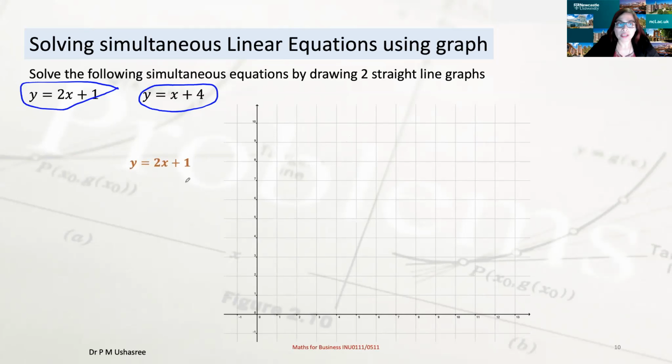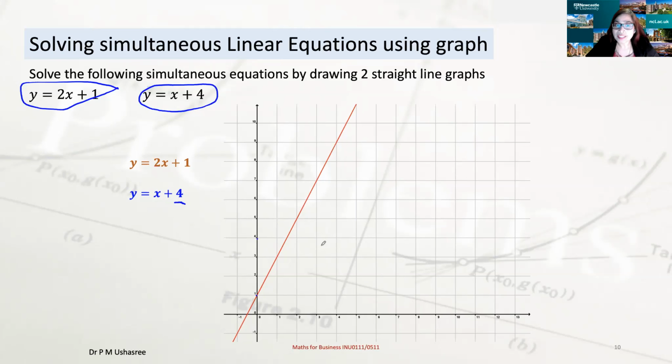So for example, y is equal to 2x plus 1, the c is 1. That means the gradient is positive, so the straight line will pass through this point and go up. Similarly, for this line, y is equal to x plus 4, the line should cross the y-axis at 4.